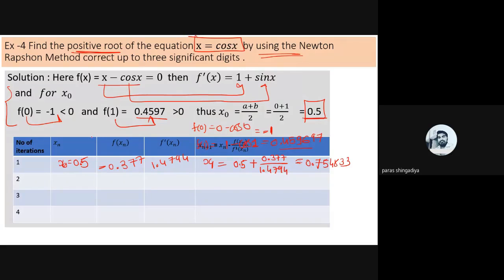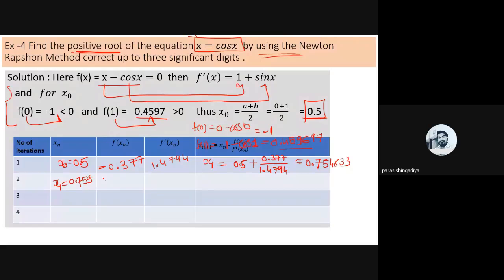And now use this value to predict the second iteration up to 3 digits. You can consider 0.755, otherwise 0.754. Okay, so let us take 0.755, and here let us check its output. Sir, it's minus 0.064.